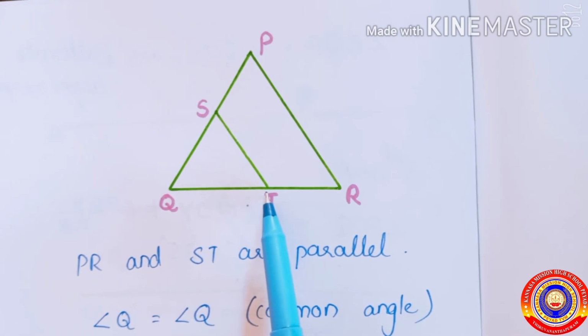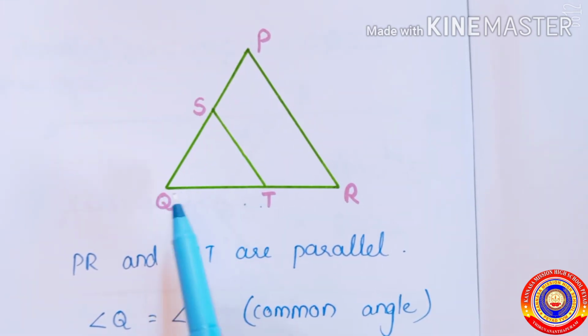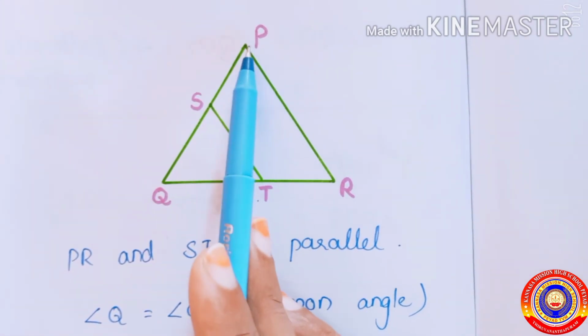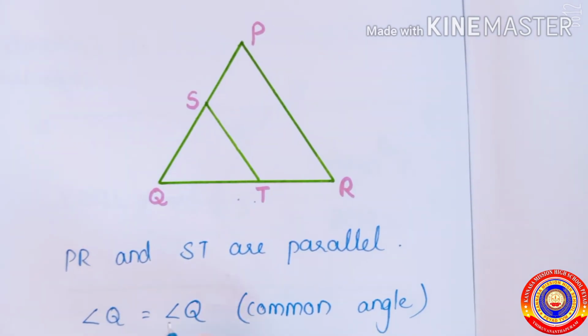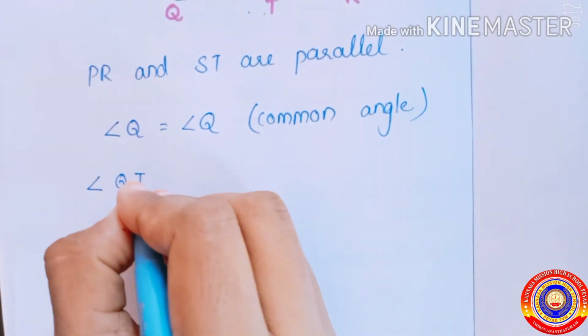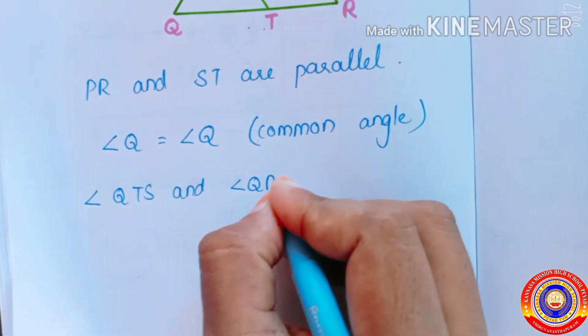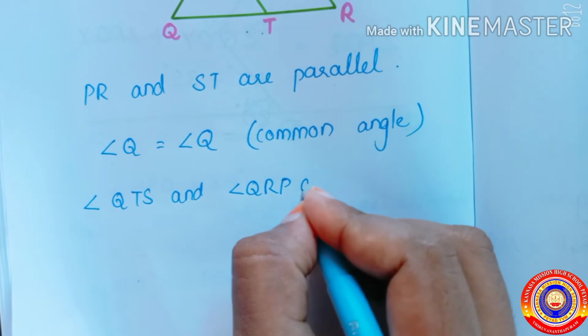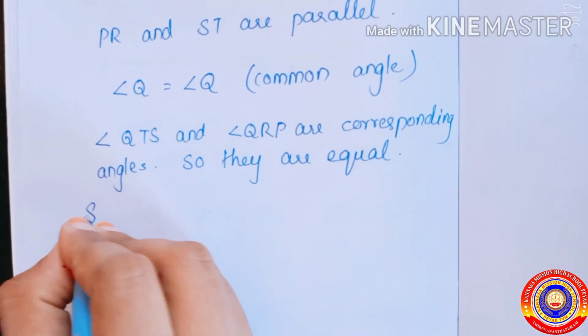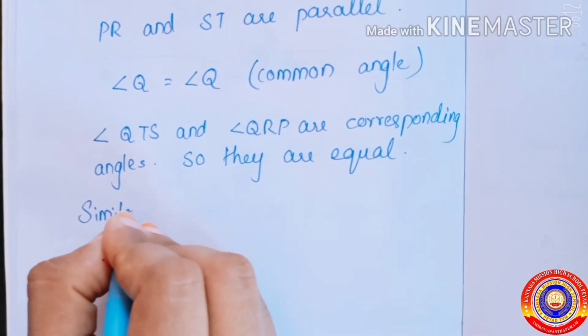Angle QTS and angle QRP are corresponding angles in this figure, so they are equal.